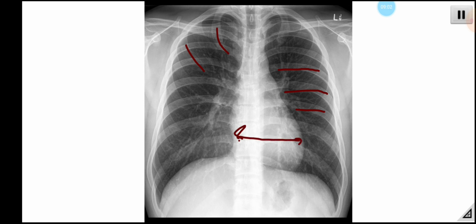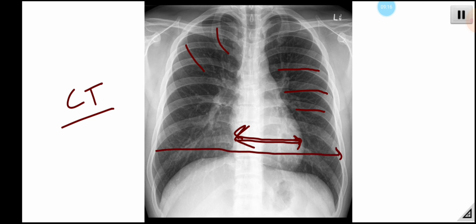The next thing you can do is look at the heart, and there is something called the cardiothoracic ratio. What does this mean? This is the diameter of the heart, and this is the thoracic diameter. The cardiac diameter should ideally and normally be less than half of the thoracic diameter.